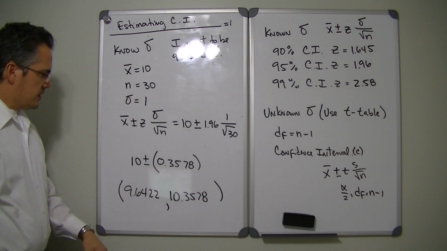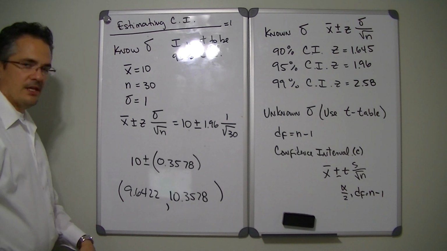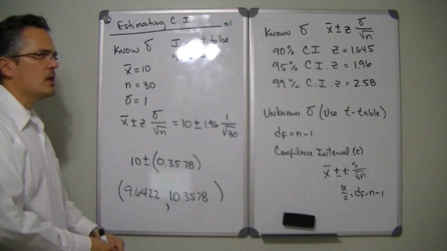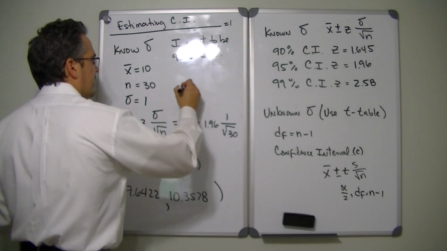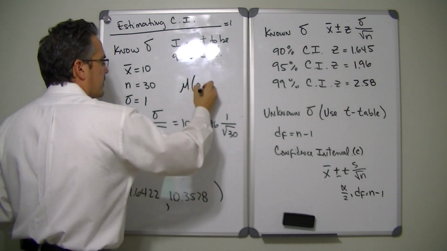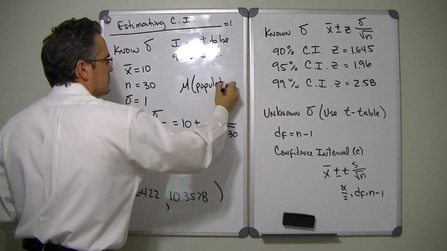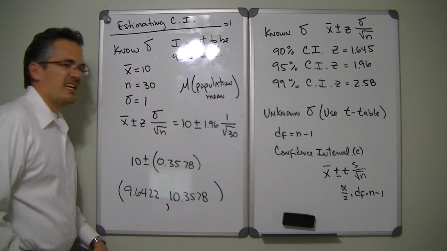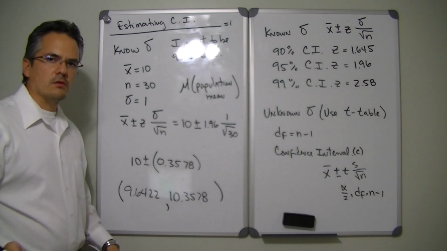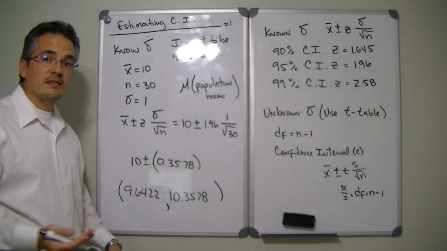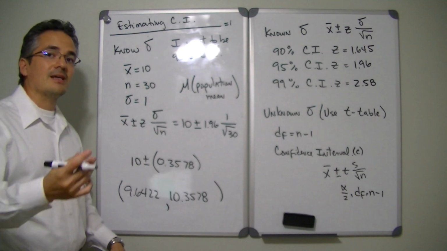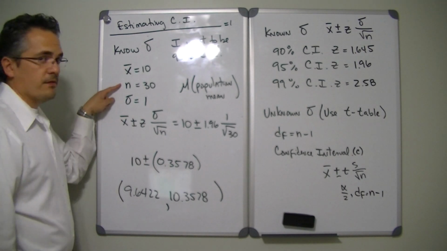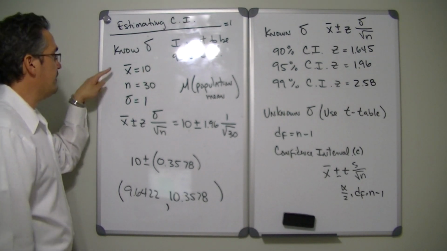Once you've conducted your confidence interval, what exactly can you say about it? Imagine somebody looks at this data and asks, where is the center of the data? Where is my population mean? The answer is you don't know, because you did not collect the entire population and you did not take the mean of the entire population. Instead, you took a sample of 30, and that sample gave you a mean of 10.